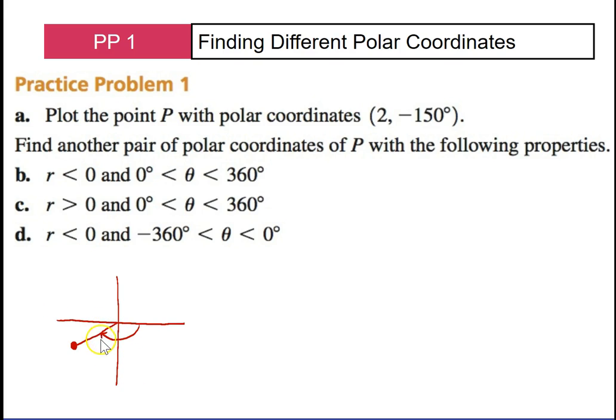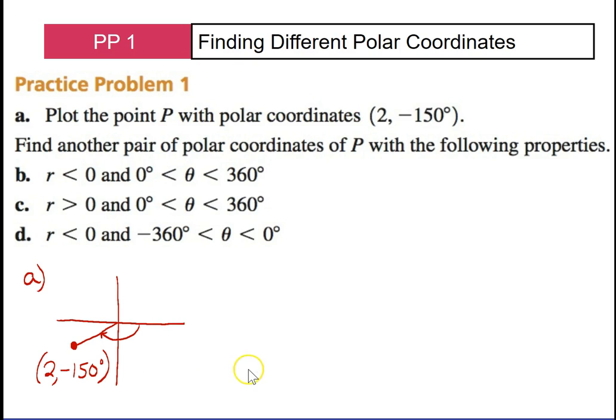And then kind of mark off 2 units. I really don't have any units marked off for the X and Y coordinate, but if I would, then maybe 1 would be about right here, 2 would be about right there. Anyways, the whole point is to have it right here. Okay, so that's A. And you would label it as (2, negative 150).